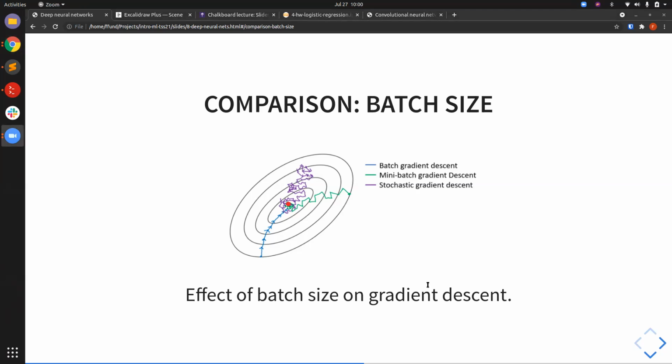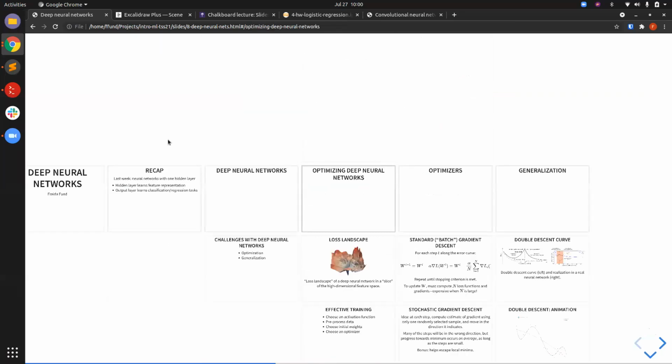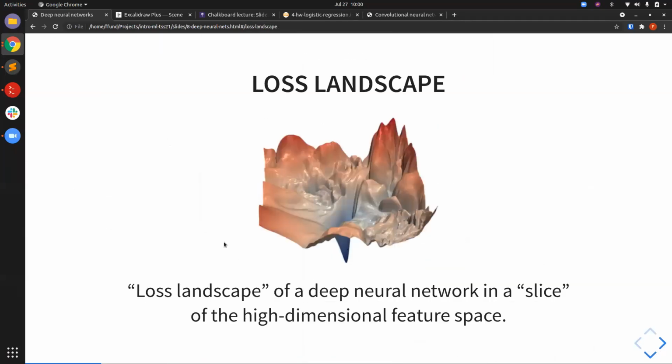Now, for neural networks, which are difficult to train, stochastic gradient descent with a small number of samples tends to work better. If you look at the loss surface here, it's reasonable to understand that if you're following a very bumpy path along the loss surface, it's easier to jump out of some local minimum.